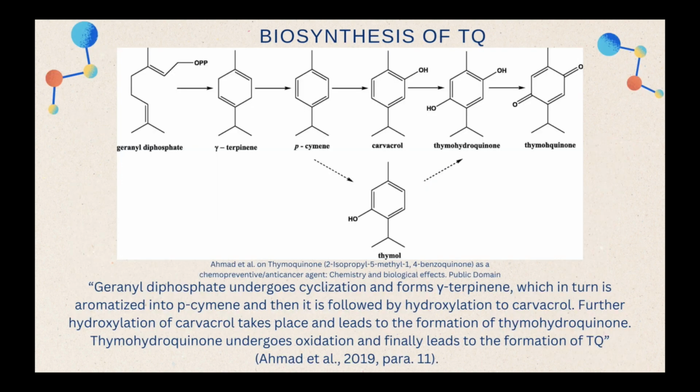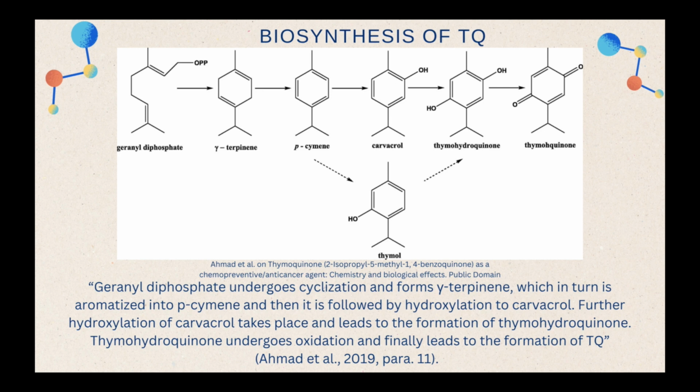This diagram shows the biosynthesis of thymoquinone. Here we see that geranyl diphosphate undergoes cyclization and forms gamma-terpinene. This means, by definition, and also the picture shows, that it is the formation of a ring. It is then aromatized into p-cymene, which means it becomes a fully conjugated ring.